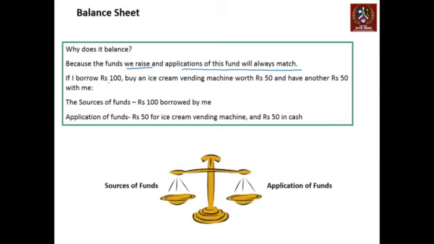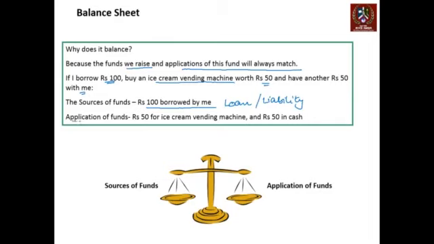Let's say I borrow rupees 100 and buy an ice cream vending machine worth rupees 50 and have another 50 with me. What are the sources of funds? That's the rupees 100 borrowed by me. That's a loan. That's a source of fund. And that's also what is commonly known as a liability, because I have to repay it back. I have to give it back to someone who has given me the money.